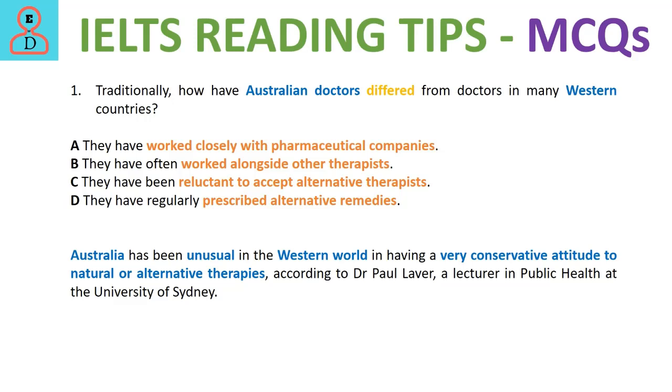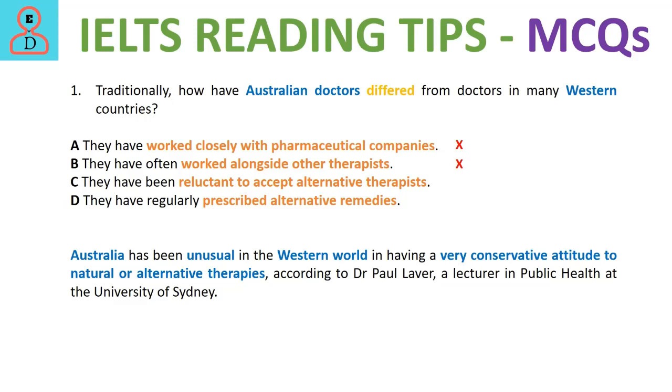So, we will mark a cross against it. Now, in the second option, it is said that the Australian doctors work with other therapists or doctors. Again, there is no mention of other therapists in the passage, so another cross here.